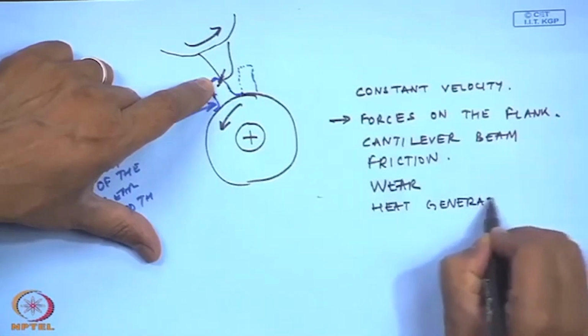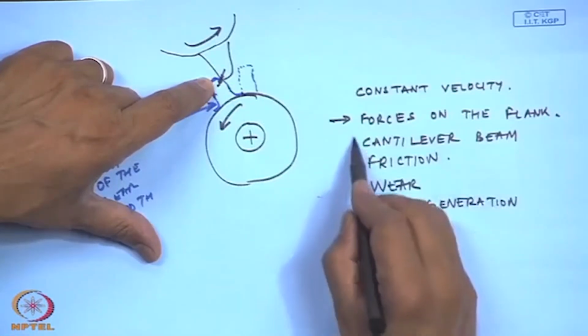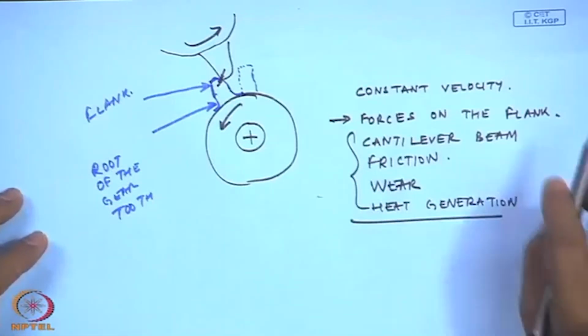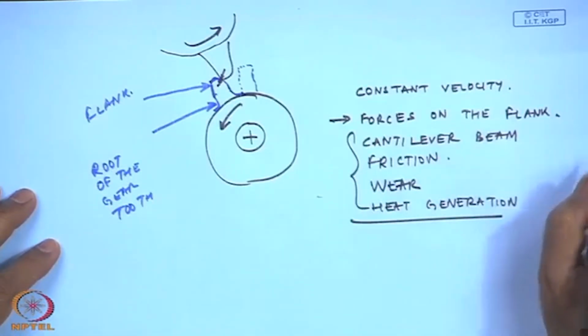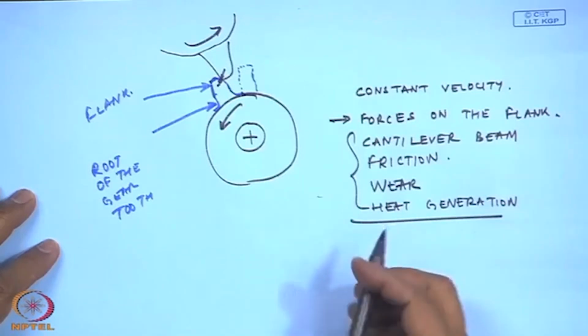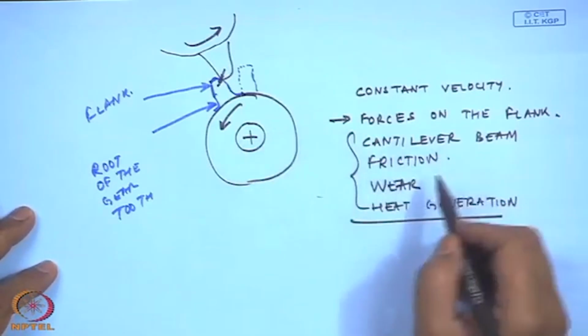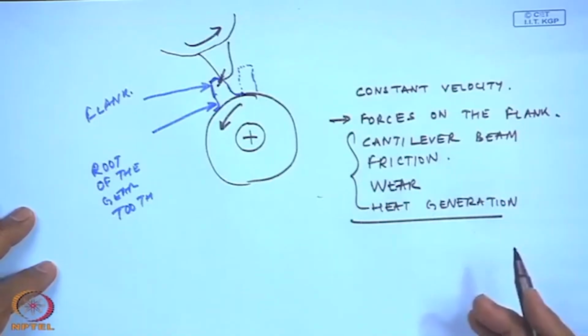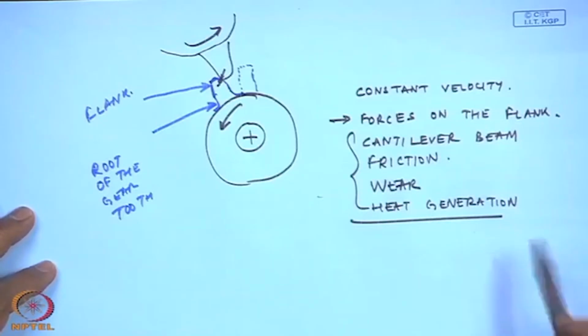This kind of mechanics happens in the gearbox. So, for some reason, if these gears are not able to sustain the heat generated because of the friction, or not able to sustain the forces, they are going to fail.